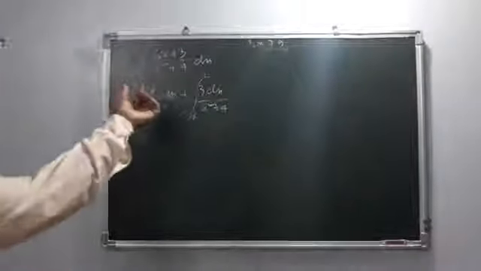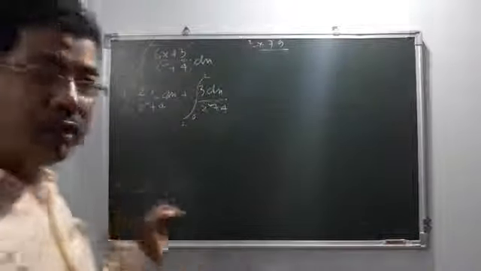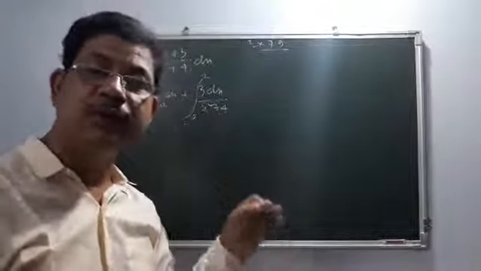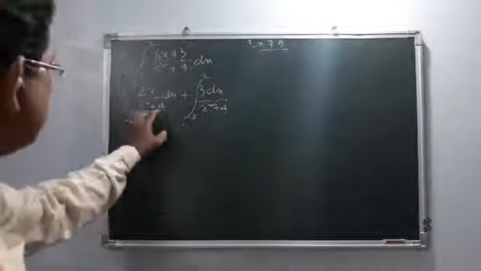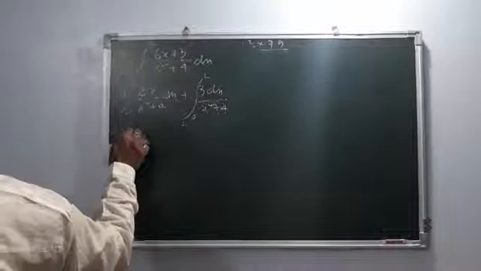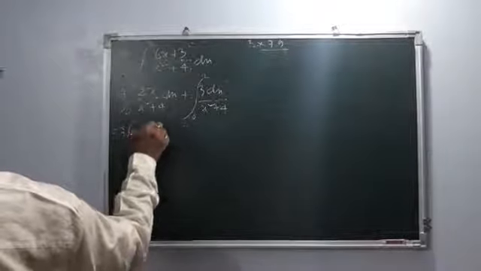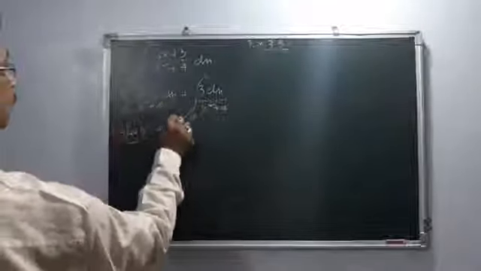Now clearly the numerator is the differentiation of the denominator. Our experience says that if the numerator is the differentiation of the denominator, then its integration is the logarithm of this denominator only. So it will be 3 log (x square + 4), from 0 to 2.